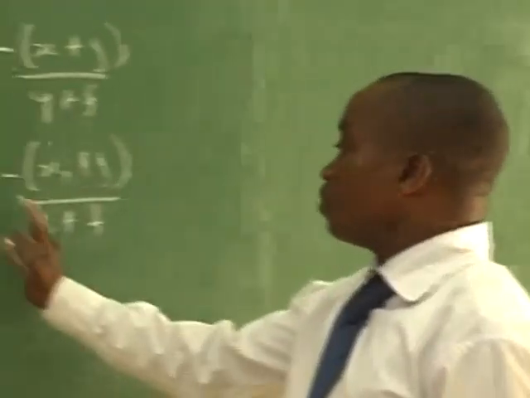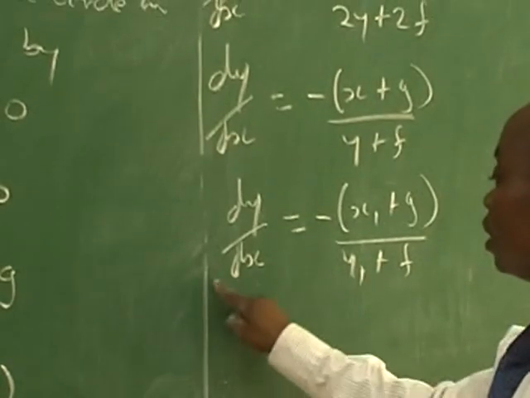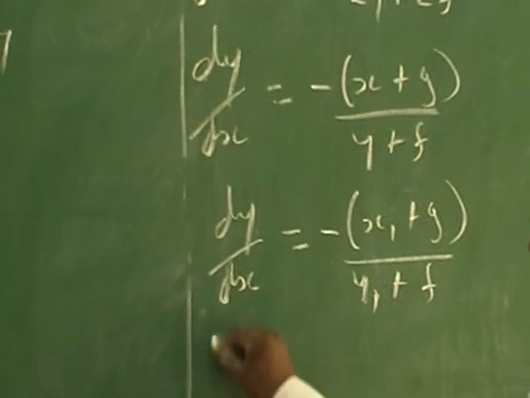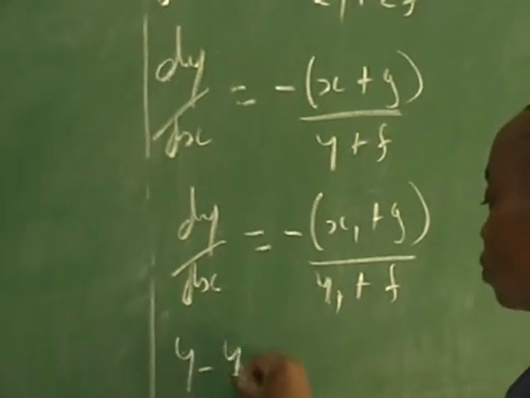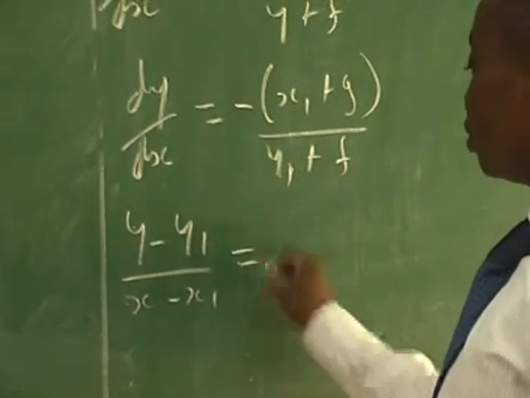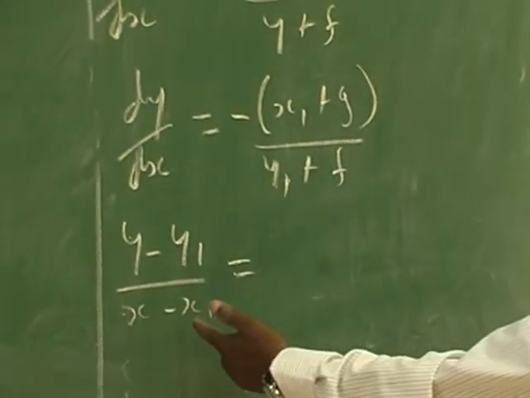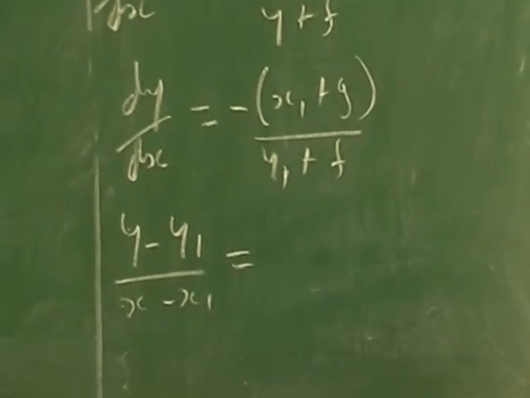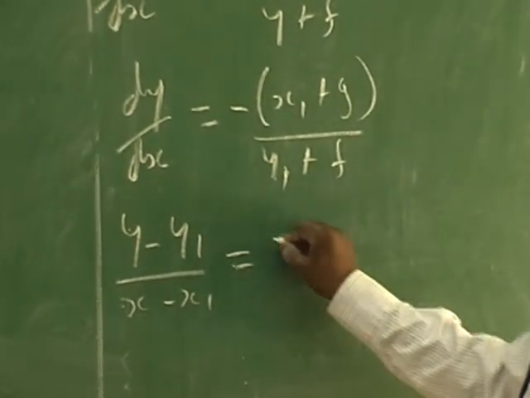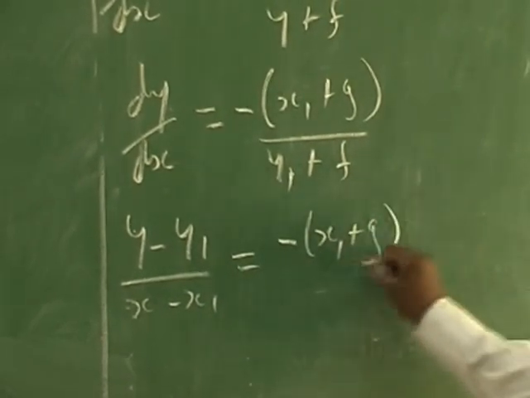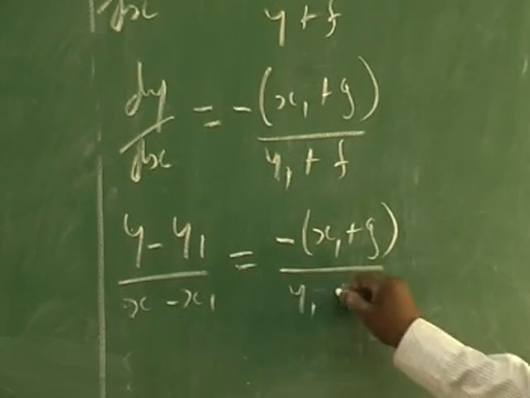And so we can now see that the gradient of a line, given by y minus y1 all over x minus x1, which is the gradient and one point form, will be equal to minus (x1 plus g) all over (y1 plus f).